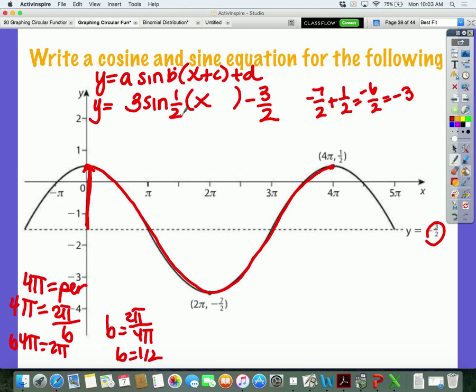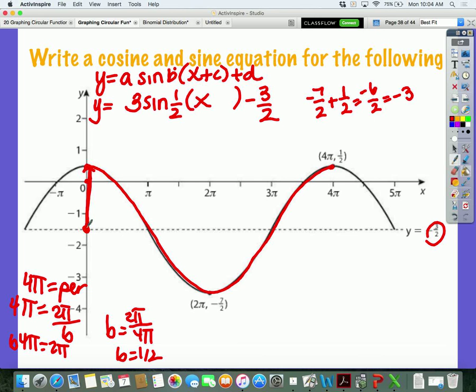We still have to figure out if A is going to be negative. But the last thing we have to do is our phase shift. Now, where does sine normally start? 0, 0, and then it goes up, right? I don't have a point at 0, 0 anymore. Remember, the whole graph got shifted down 3 halves.